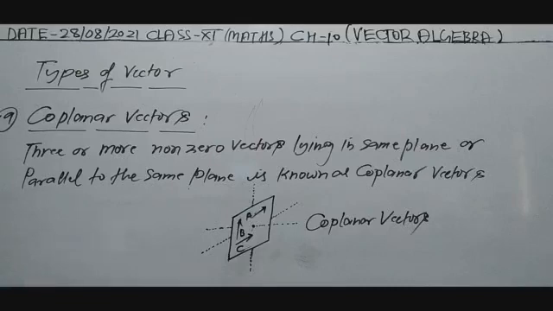Otherwise, if three or more non-zero vectors are not coplanar, they are said to be non-coplanar.